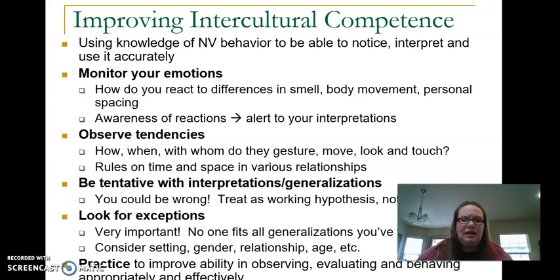So something like, if I ask someone, why do you move your hands in this way? They might just say, well, because that's what I'm supposed to do, or because that's just what I do. You don't always have a good explanation. So it's hard sometimes to get an explanation. Okay? So practicing observing these things is really one of the best ways to kind of continue your expansion of knowledge.